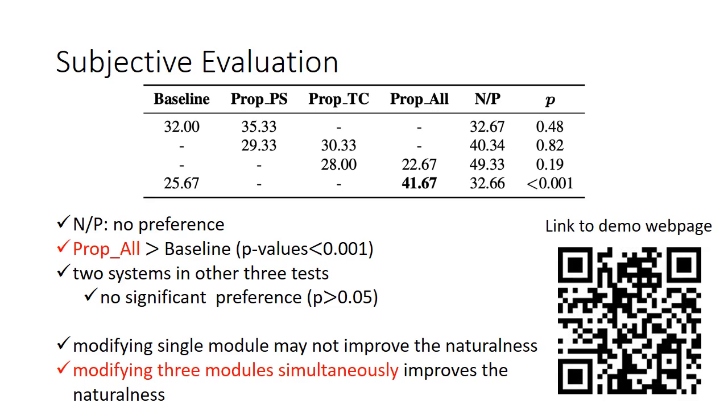This result indicates that modifying a single model among unit preselection and cost calculation using the unit embeddings learned from Tacotron may not improve the naturalness of the synthetic speech. However, significant improvement can be achieved if the three models are modified using the proposed unit embeddings simultaneously. The demos can be found on the website shown in the QR code.